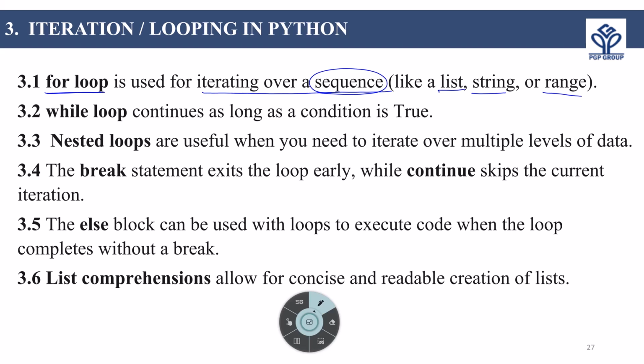While loop: this one continues as long as the condition is true. When the condition is true, it keeps processing continuously. Nested loops: when you need to iterate over multiple levels of data, first data and second data, we use nested loops.